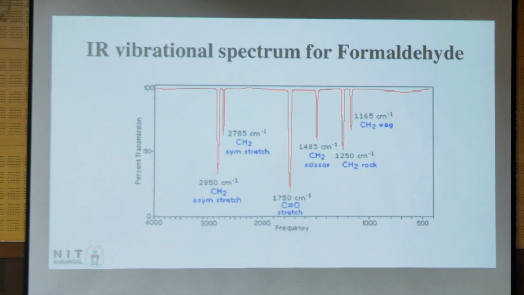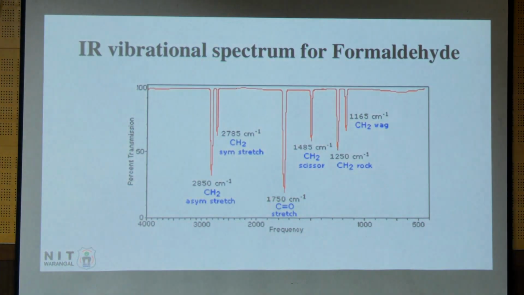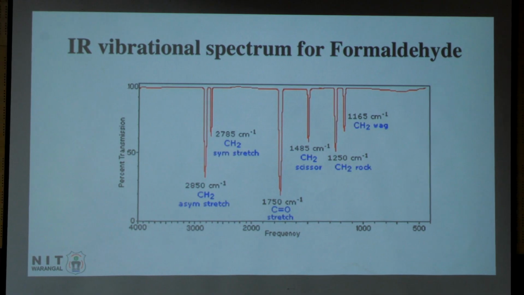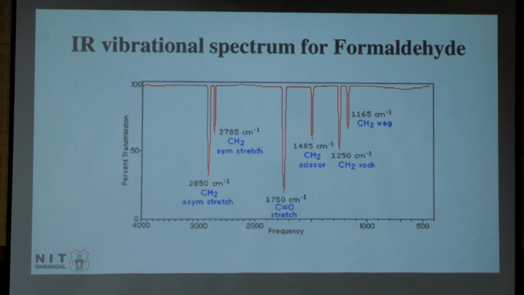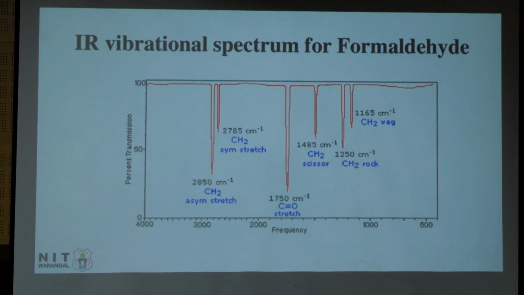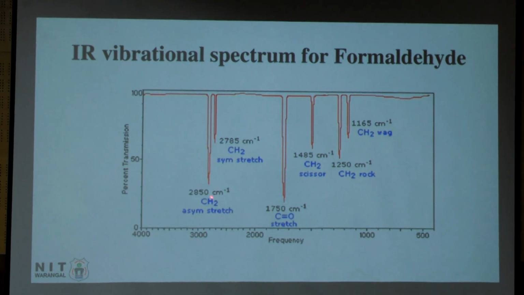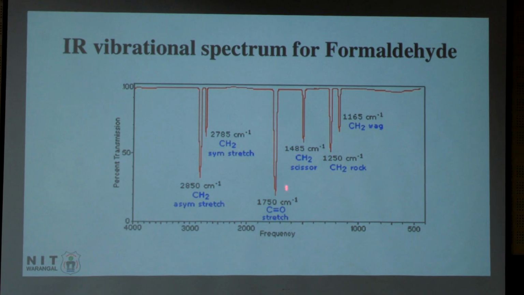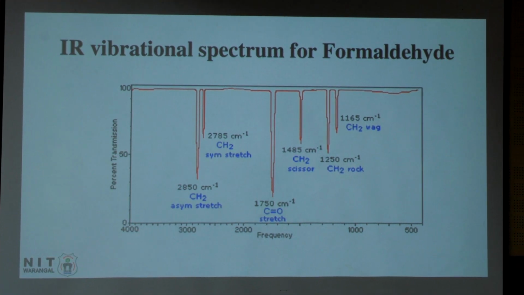Usually for infrared spectroscopy, formaldehyde is taken into consideration as a standard sample. It has many bonds that you can take as reference things. For example, CH2 symmetric stretch and asymmetric stretch, scissors type, CO stretch, CH2 rock, CH2 wag.